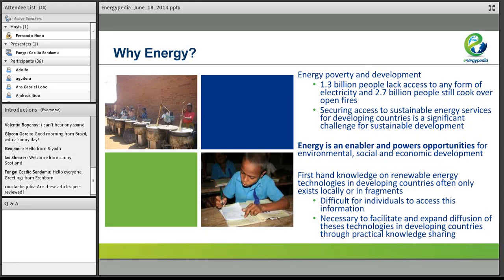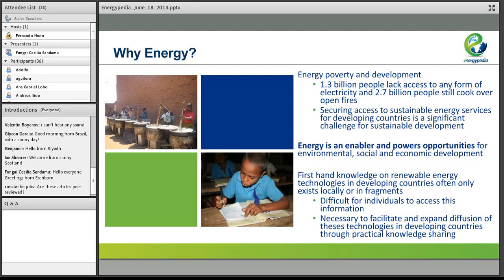Furthermore, the reason we've chosen to focus on the issue of energy is that first-hand knowledge on renewables, especially in developing countries, often only exists locally, or the information exists in fragments and is thus difficult for individuals to access. So there's a need to facilitate and expand the diffusion of this information on these technologies in developing countries through practical knowledge sharing.